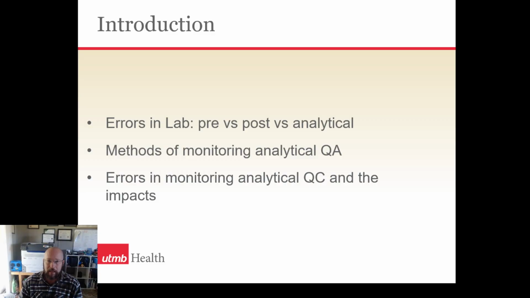And then, of course, the analytical errors fall right in the middle. Those are the ones that we can directly control in the laboratory. There's been an awful lot of work on pre-analytical errors, and some work on analytical errors, and maybe a little less so on post-analytical errors, because we oftentimes think of these things as errors that happen outside of our control.